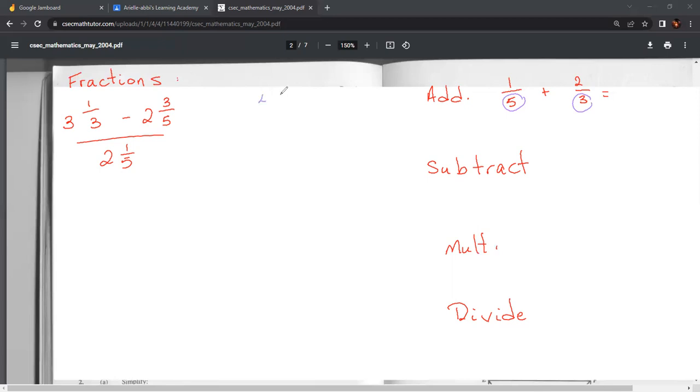Now, LCM means the lowest common multiple. When you hear multiple, you think of multiplying, and with multiplying, you think of your times table. So to find the LCM of numbers, you want to look at the times table of each of the numbers.